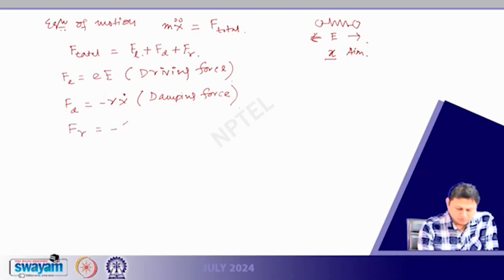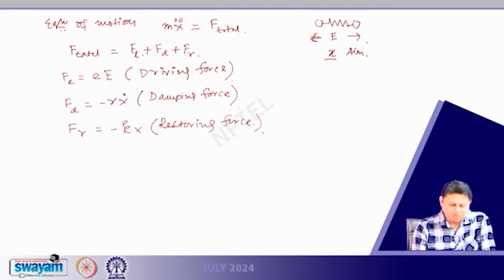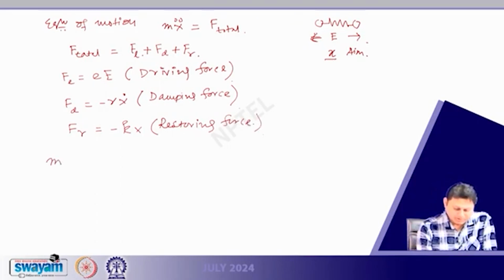Simply Hooke's law, it is Kx, which is the restoring force. So once we have these three forces, we can write down the expression. So it is m x double dot is equal to eE, which is a function of time, by the way, minus gamma x dot and then minus k x.